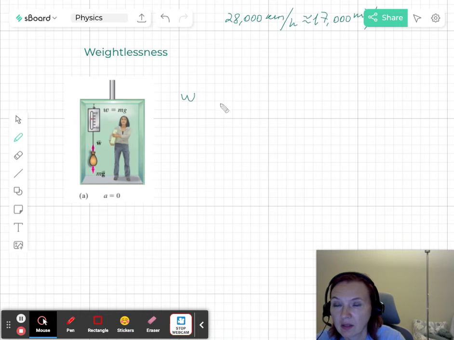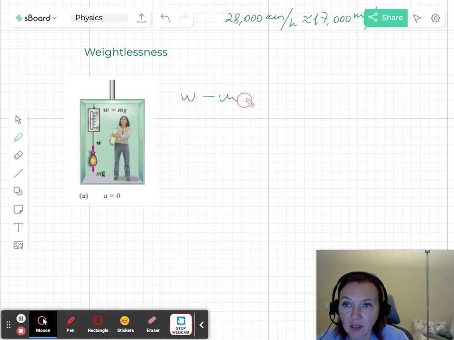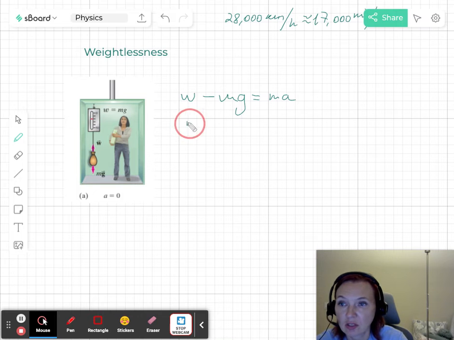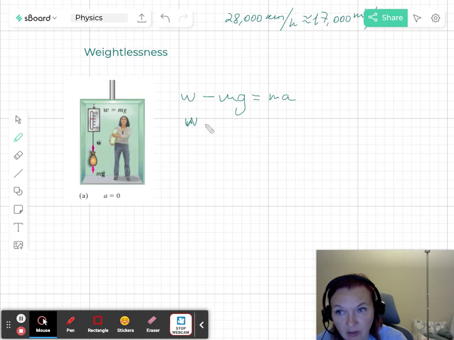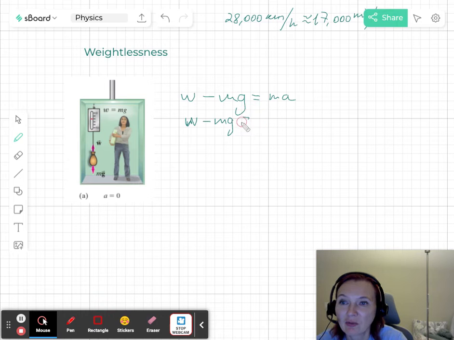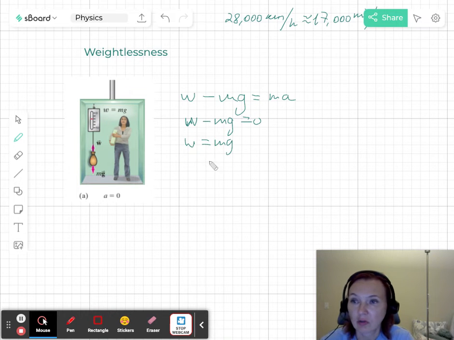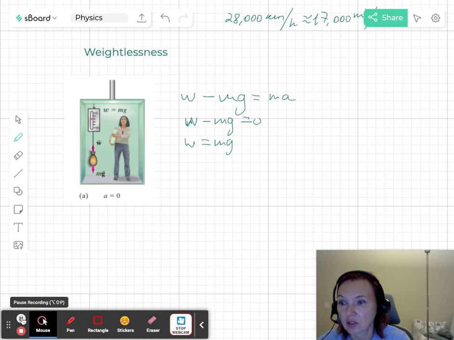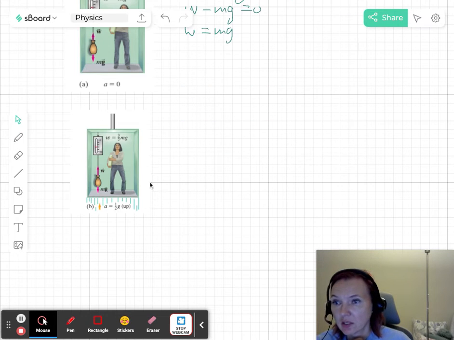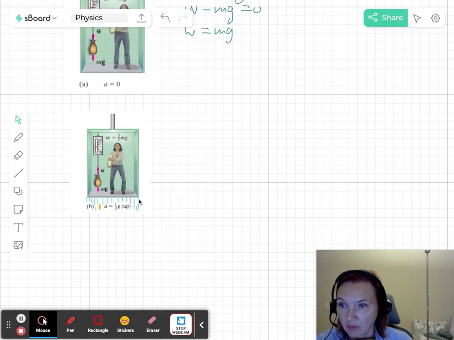Okay. W minus mg has to be equal ma. But if acceleration is zero, so I have W minus mg equals zero, which means that W equals mg. Right? So that is the first case scenario when acceleration is zero. So the second case is when the elevator is now moving.